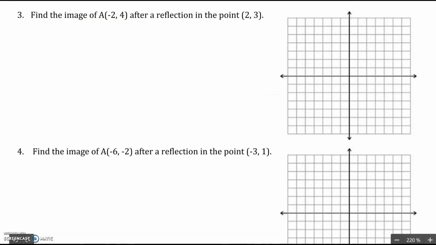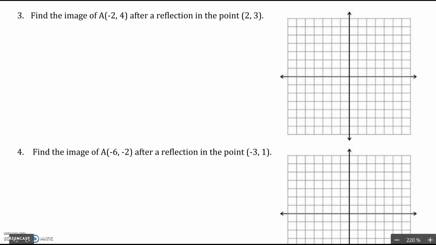Now, in this particular example, we have a point A, and the point that we're going to reflect it through is different from the origin. This time, it's 2, 3. If you remember what I said about this being the midpoint, we have A, and we need to find the A on the other side.